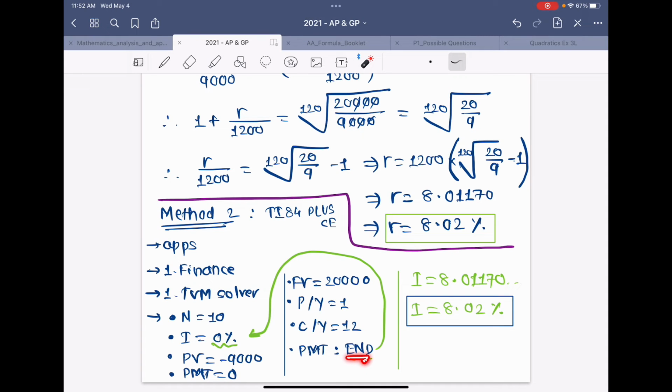Once you highlight the end, go back to the quantity which we want to find, which in our case is I. Once you highlight I, then you enter alpha plus enter, then you will see the answer as I is equal to 8.01170. After going to I, you enter the alpha plus enter button. Then you will directly see this value. Then you round that answer, which is 8.02%.